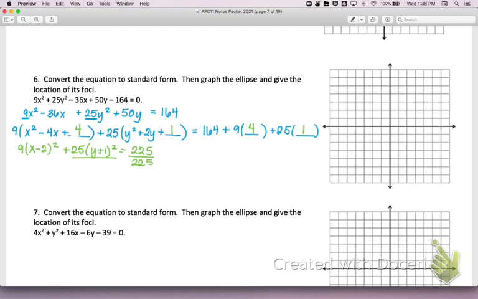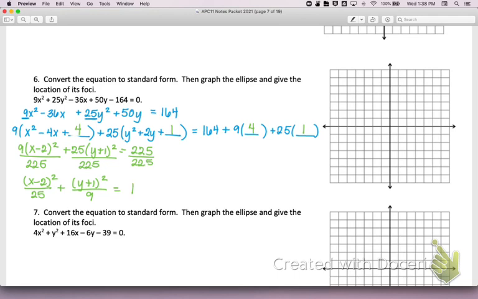So now we divide everything by 225 and we simplify these fractions. So 225 divided by 9 is 25. So this comes out to be x minus 2 squared over 25 plus this one simplifies to y plus 1 squared over 9 equals 1.